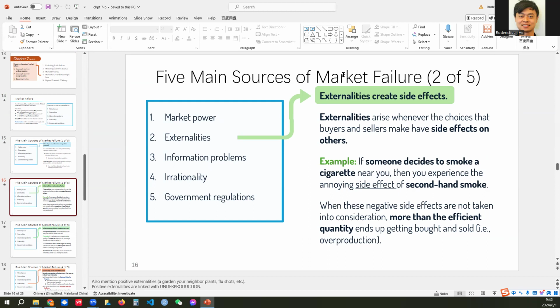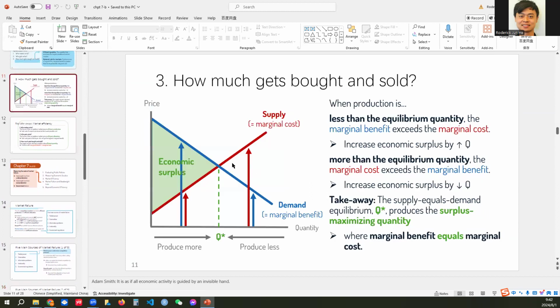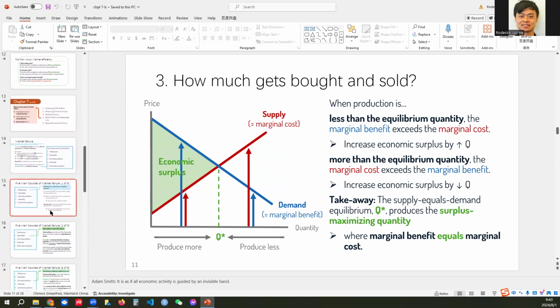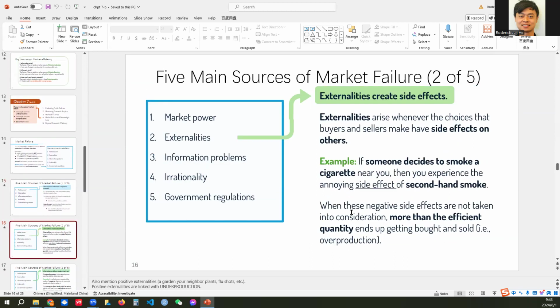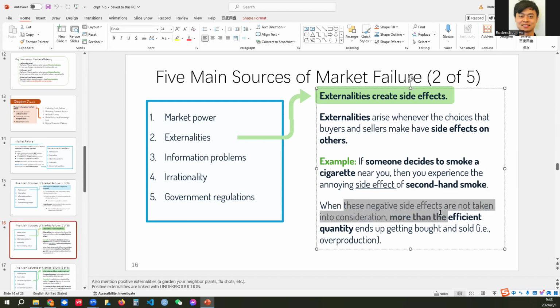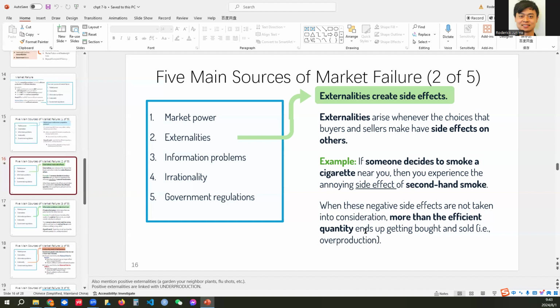So the consequence is that they overproduce the smoke beyond the due level. So when this negative side effect is not taken into consideration, more than the efficient quantity ends up getting bought and sold. That's why, in countries where environmental protection laws are laxly implemented or lacking, we observe excessive production of those toxic products. Okay.